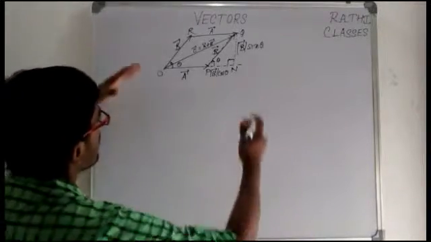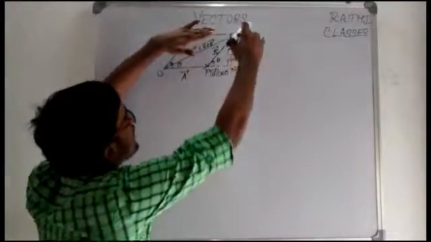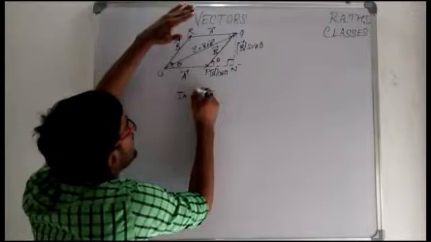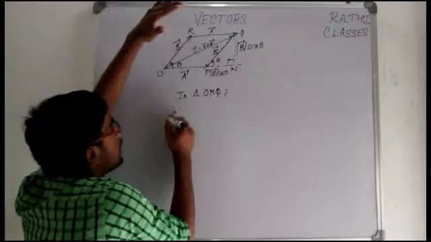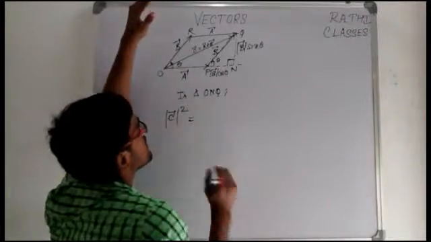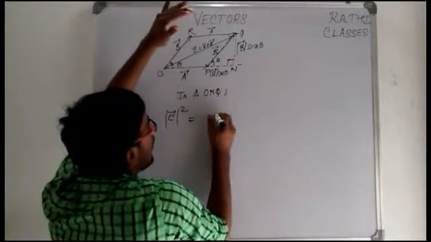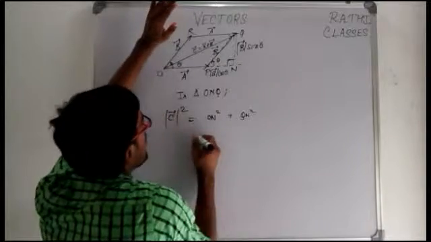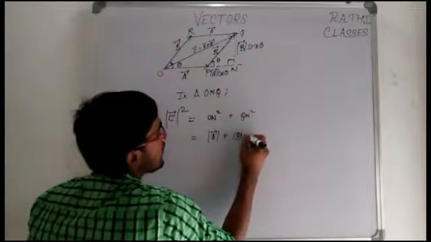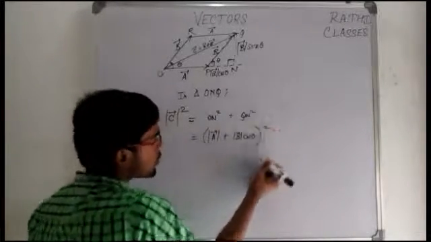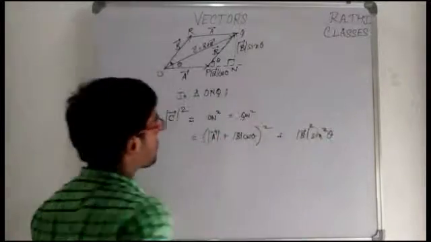Now, our task was to get the magnitude of this vector C. So applying Pythagoras in triangle ONQ, I get modulus of C square is equal to ON square plus QN square, which is equal to modulus of A plus modulus of B cos theta whole square plus modulus of B square sine square theta, right?